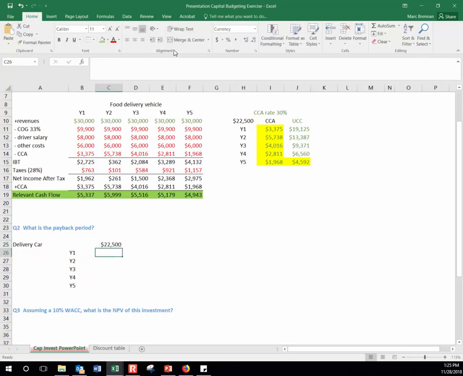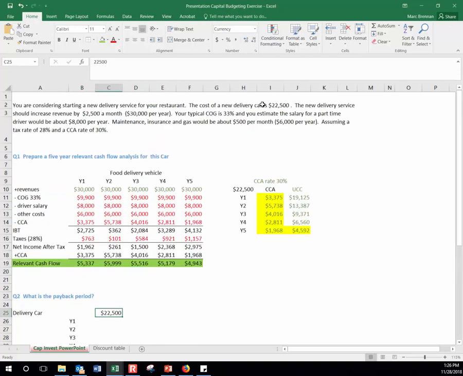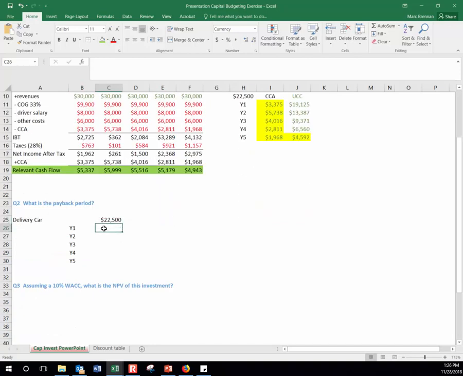That's my investment, right? So over its life, there's two approaches to do this. We just want to find out, using this relevant cash flow, how long it will take me to get to $22,500, because that's my initial investment. So really what I'm doing is discovering how long it will take for me to make this money back.